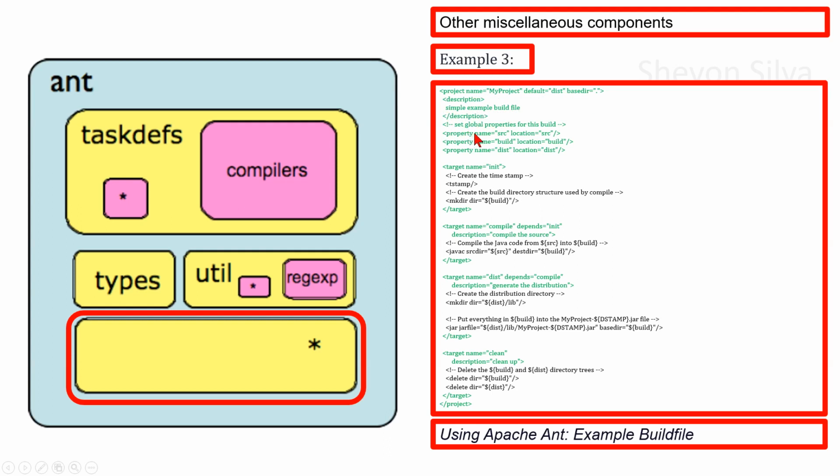Set global properties for this build. Create the timestamp. Create the build directory structure used by compile.